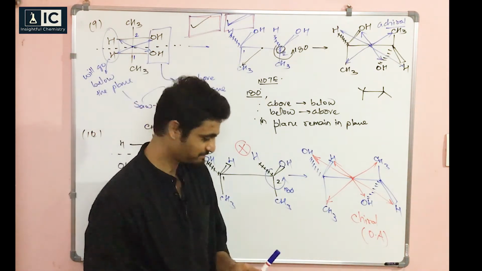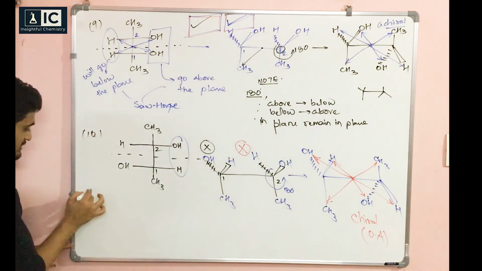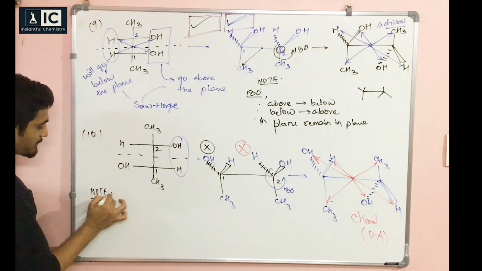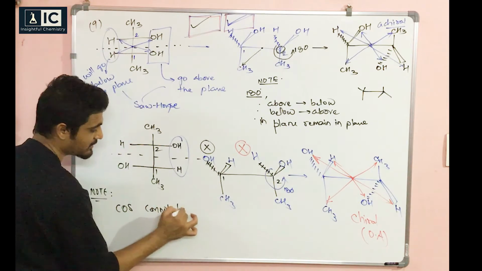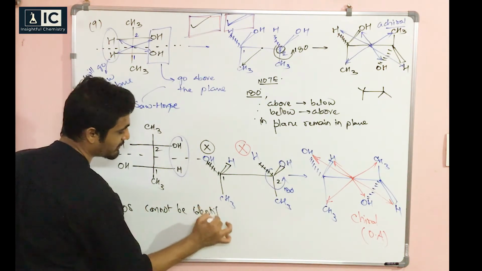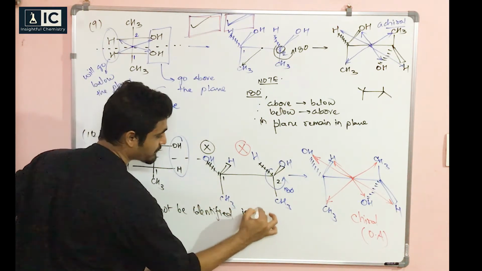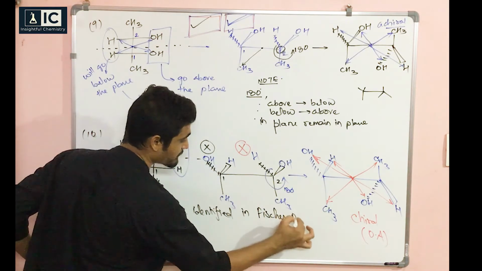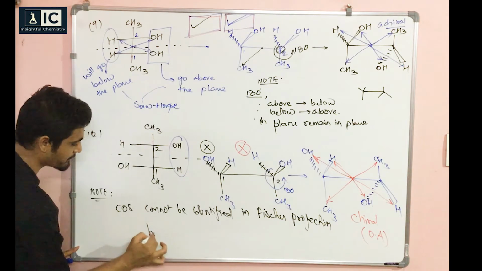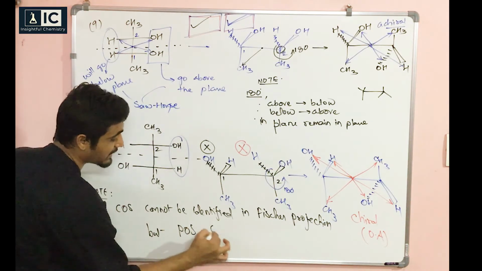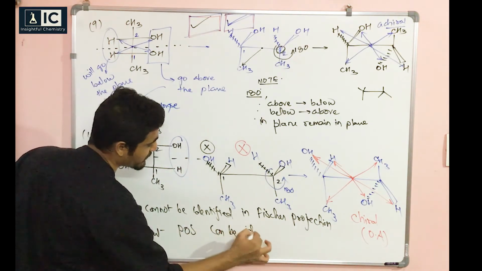Simple, right? Just write one final point. COS cannot be identified in Fischer projection, but POS can be identified.